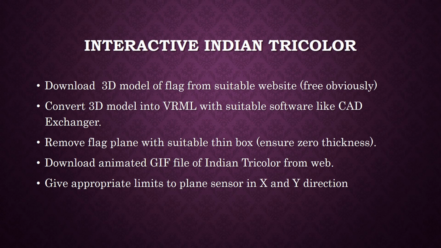Don't download any paid model. Convert the 3D model into VRML with suitable software like CAD Exchanger. Remove the flat plane with a suitable thin box. Ensure zero thickness. Download animated GIF of Indian tricolor from the web. Give appropriate limits to the plane sensor in X and Y direction.